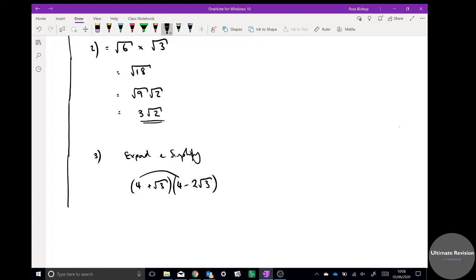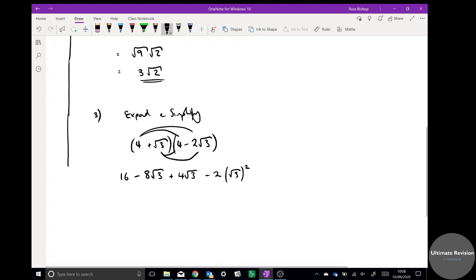So 4 times 4, 16. 4 times that is going to be minus 8 root 3. Root 3 times 4 is plus 4 root 3. And this is probably the hardest one. Root 3 times negative 2 root 3. Well, it's going to be negative 2 root 3 squared. Now, root 3 squared is just 3.